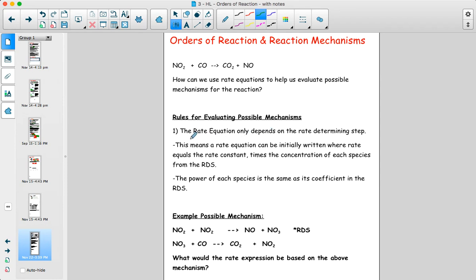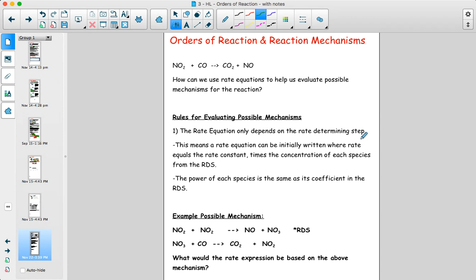So the rate equation only depends on the rate determining step. Remember we said the rate determining step is the slowest step, with the highest activation energy. It determines the overall rate of reaction. The rate equation, which is rate equals k times different concentrations, is really just the mathematical way of describing the rate and the concentrations that affect it.